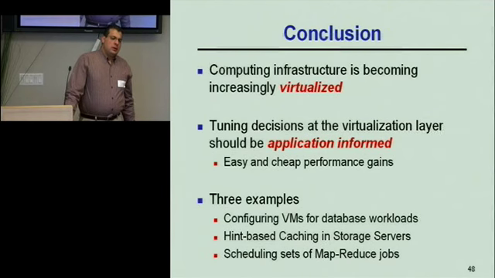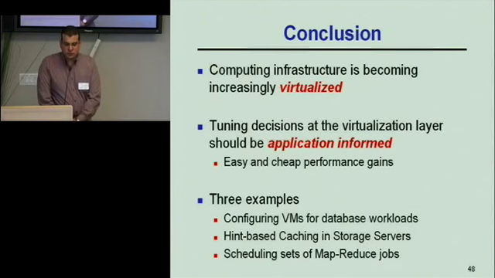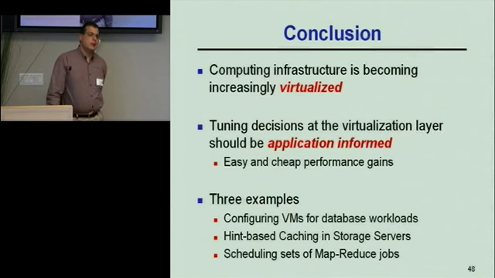This is, I guess, outside the specific fields that you're looking at, but I'm wondering if there are other techniques out there. Right now you're making these tuning decisions based on the applications you're dealing with. Is there anything else you could do besides that? It's just a general question.